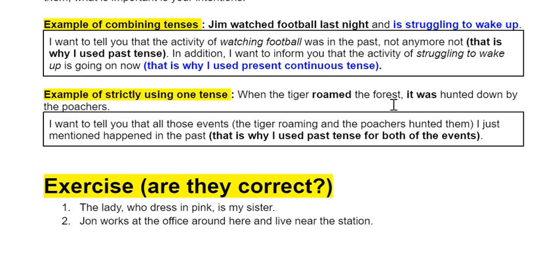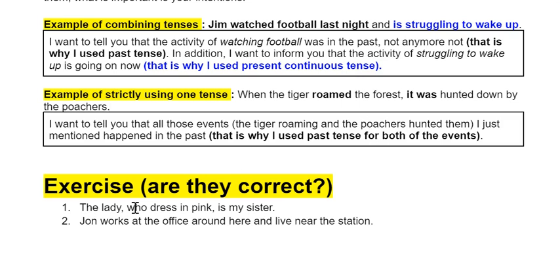Sometimes people just combine tenses because they have no idea what they're saying. So here I strictly use past tense because I have a reason. What is my reason? I want to tell you that both events, the tiger roaming and the poachers hunting them, happened in the past. That's why both of them are delivered in past tense. Okay, sounds good? I believe they are very clear and very, very easy.